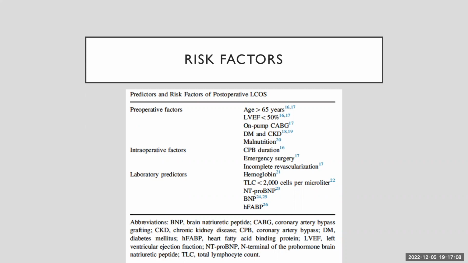And importantly, here you can see the issue of cardiopulmonary bypass duration. And as I've suggested to you just before, the aim is, of course, to minimize that, because we know that prolonged cardiopulmonary bypass is associated with increased risks of some of these problems.